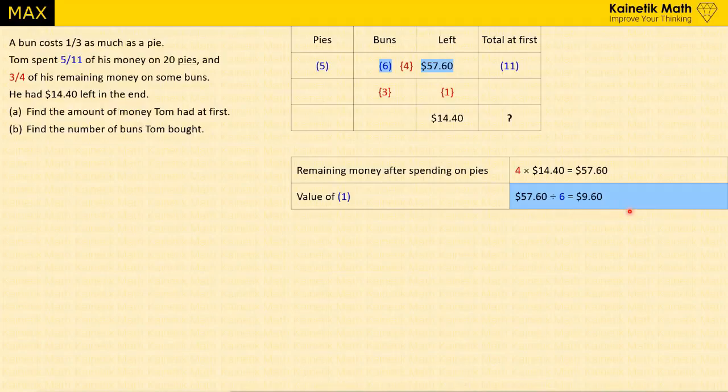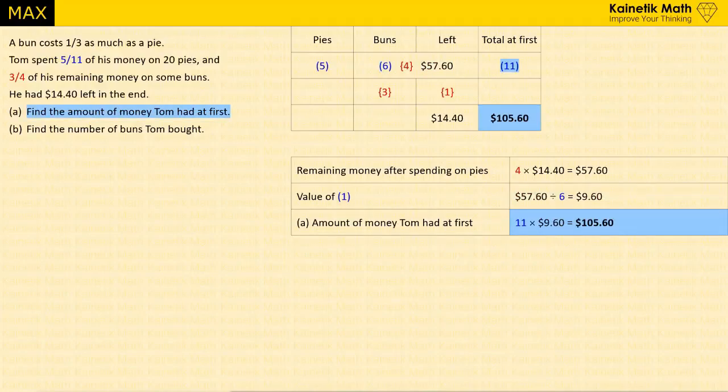So now that you know what is the value for 1 part, you can of course solve the problem for part A. Right, part A simply just wants 11 parts. Since one part is $9.60, we take 11 times 9.60, and that gives $105.60. Alright.